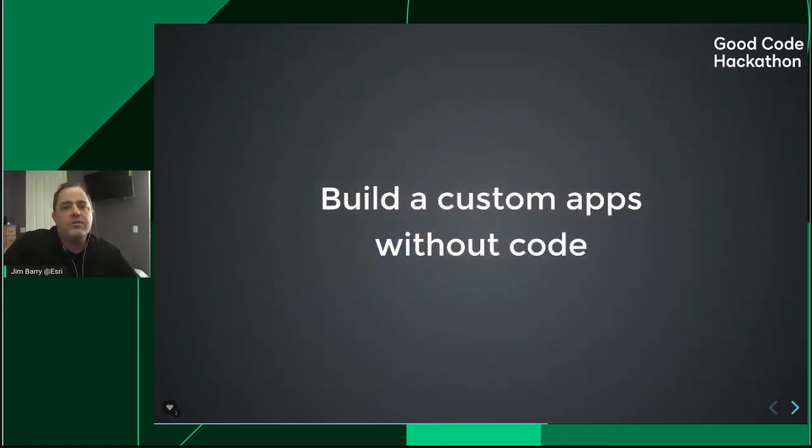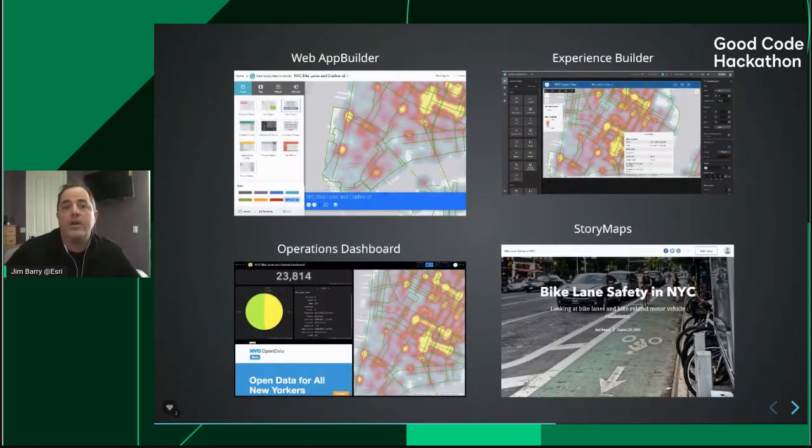So ArcGIS gives you several other ways to create some really customized web app experiences, most of them without writing any code. This helps get your maps and tools out there most quickly. Here are 4 of them that I wanted to share with you real quick. Web App Builder and Experience Builder here at the top are widget-driven apps that are click and drag. They run right in your browser.